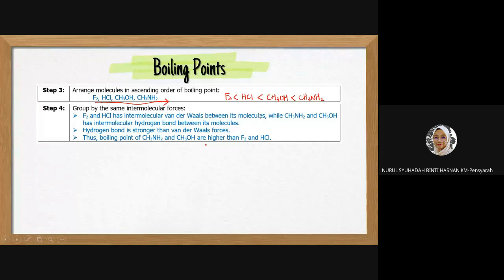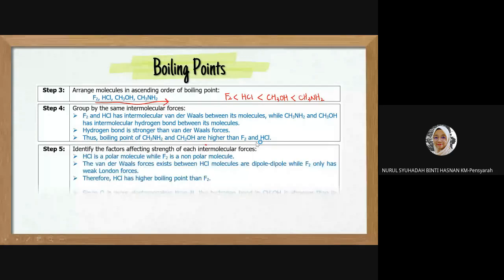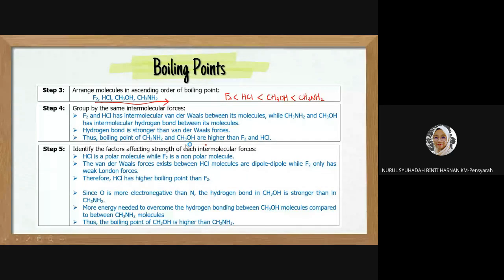Okay, untuk explanation, so F2 and HCl has intermolecular van der Waals forces between its molecule, while CH3NH2 and CH3OH has intermolecular hydrogen bond between its molecule. So hydrogen bond is stronger than van der Waals forces. Lepas tu baru kita bezakan between polar and non-polar molecule.